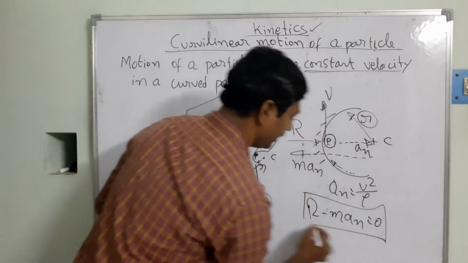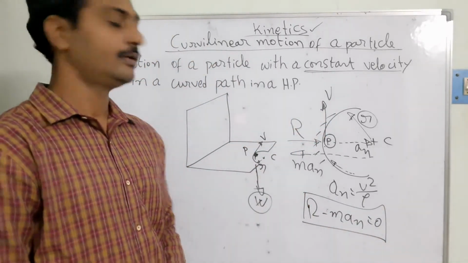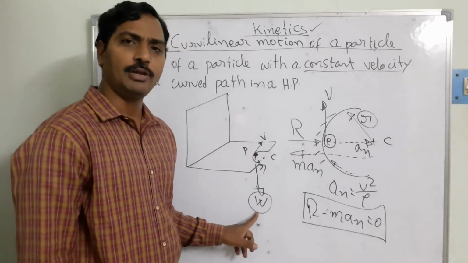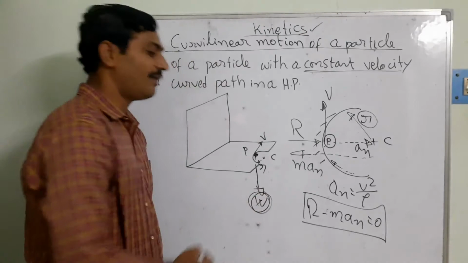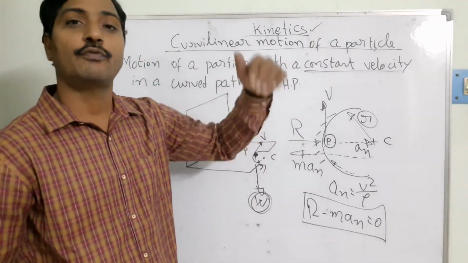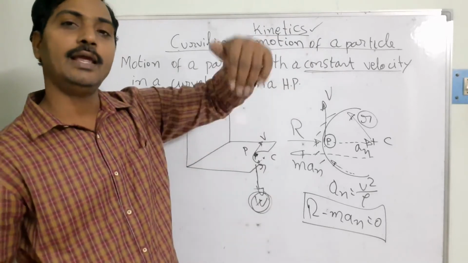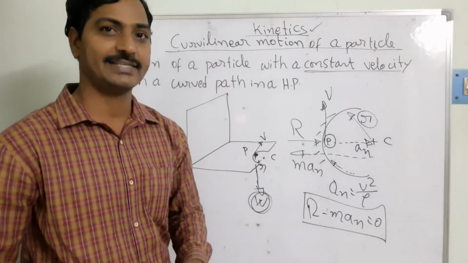This is going to be your equation of dynamic equilibrium. Then where is the component of the W? This is not going to be valid because the particle is moving in the horizontal plane, but the forces are acting in the vertically downward direction. We are not going to consider it. Already we have discussed that part.